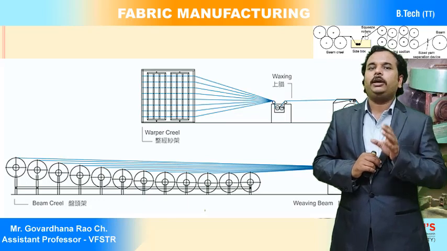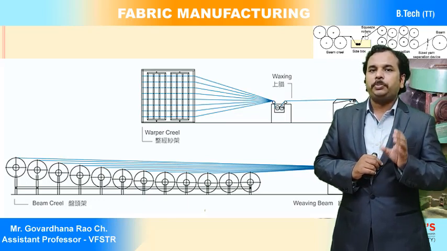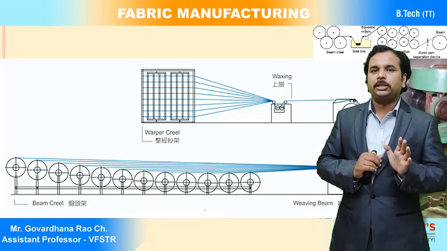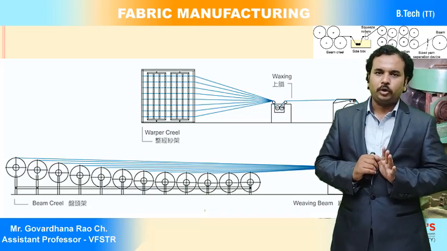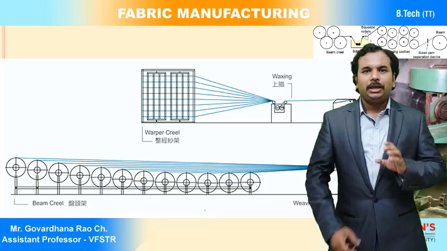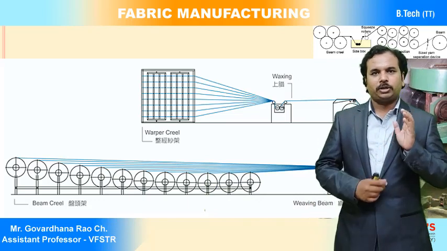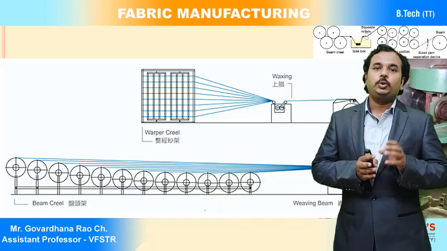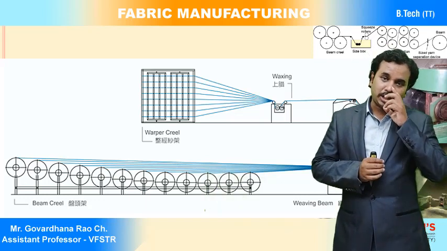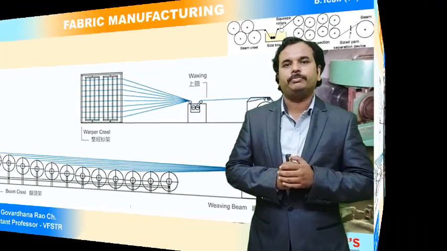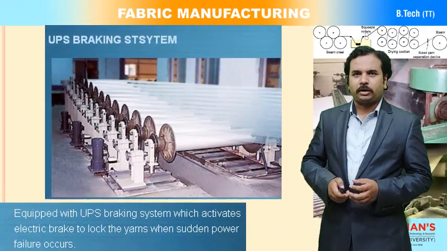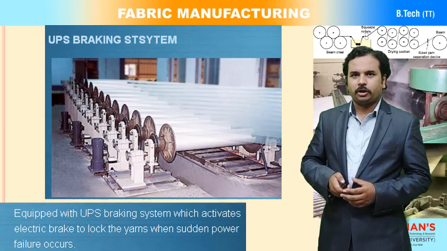Once again I am repeating, the delivery speed or delivery rate of the warp sheet is controlled by the servo motor drives. That is why we use a separate driving mechanism, or separate servo motor drives, to drive or withdraw the warp sheet from the beam. Then you can observe how these beams are kept in inclination order.